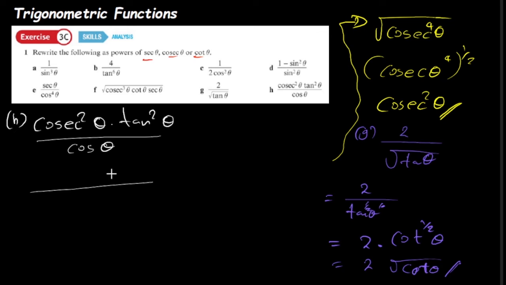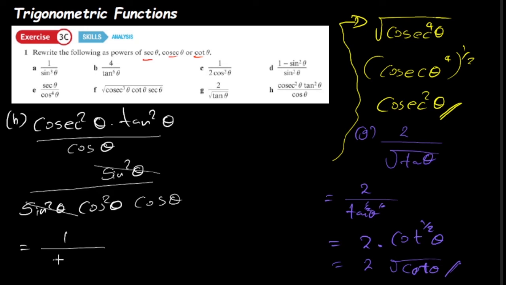Cosec square theta I can write as 1 over sine square theta, and tan square theta I can write as sine square theta up, cos square theta down, and cos theta we already have. So you can simplify the sine square theta with sine square theta. This is equal to 1 over cos cube theta, which is equal to sec cube theta.